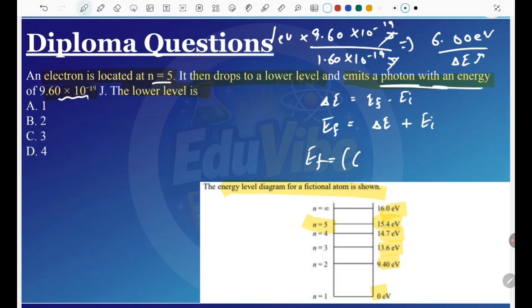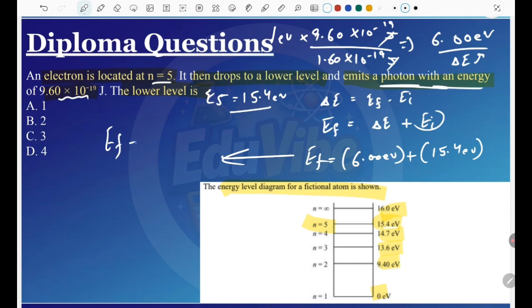Delta E is 6.00 eV, and the initial is E5, which is 15.4 eV. When you calculate this, you get your final energy about 9.4 eV.